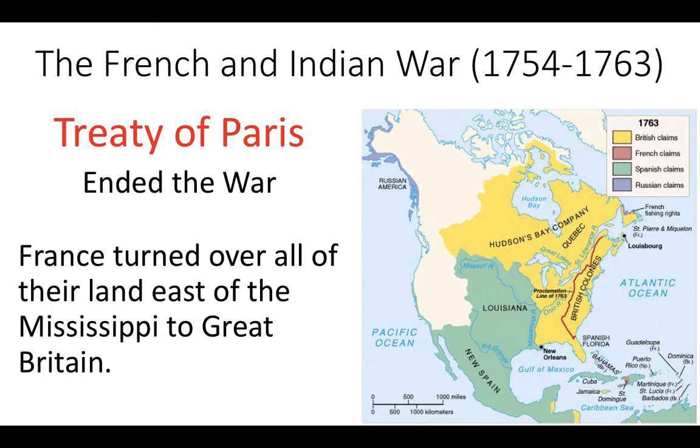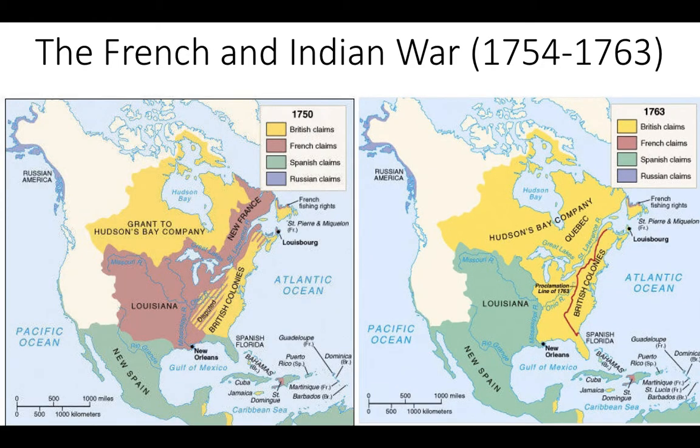And what the Treaty of Paris did, which was very significant, is if you look at this map, this was the one I showed you before, about the time the French and Indian War started, and the French owned all, or at least claimed all of this land, like a ton of land in North America. They fight the war, and at the end of the war, 1763, this is what the map looks like.